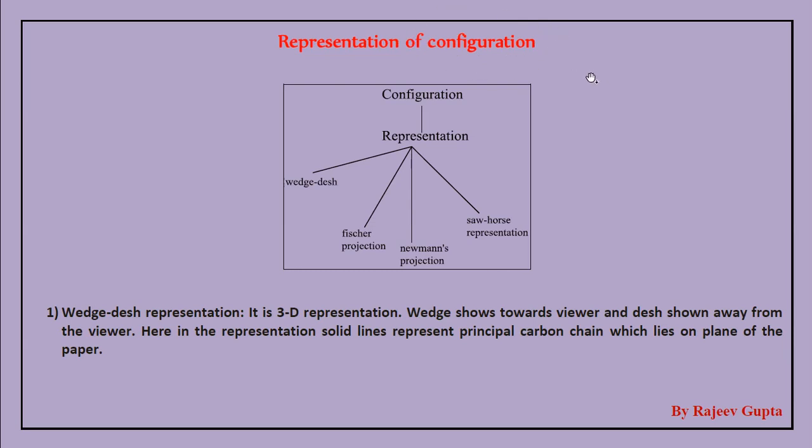We can represent a molecule, specifically an organic molecule which contains directional covalent bonds, in various ways, such as direct representation in the form of carbon single bond carbon or double bond carbon, like this, where we can't show any stereo in that representation.